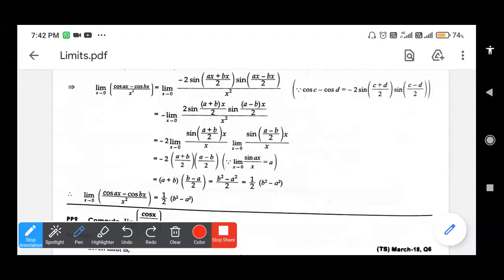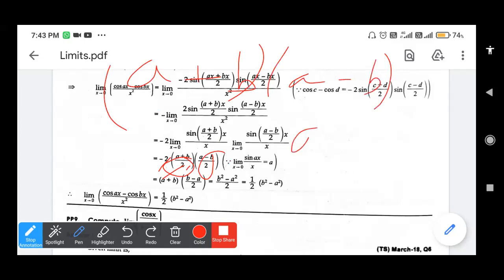So sine ax by x is equal to a. So we wrote minus 2 into (a plus b) by 2 into (a minus b) by 2. Okay, then 1, 2 will get cancelled out and we'll get (a plus b) into (b minus a) by 2. What is (a plus b) into (a minus b)? (a plus b) into (a minus b) is nothing but a square minus b square.